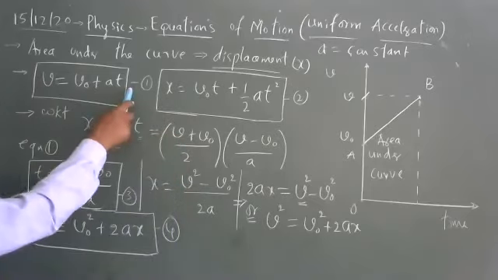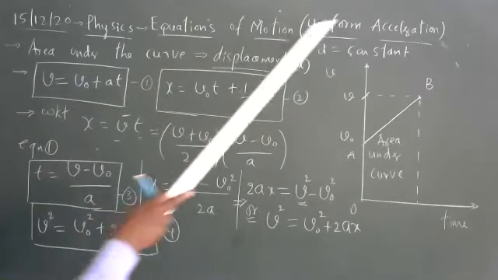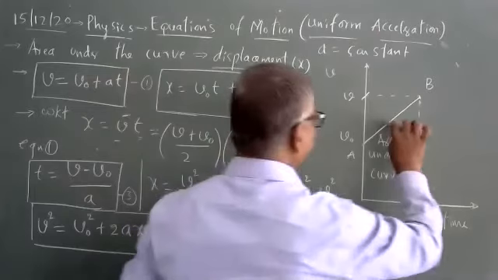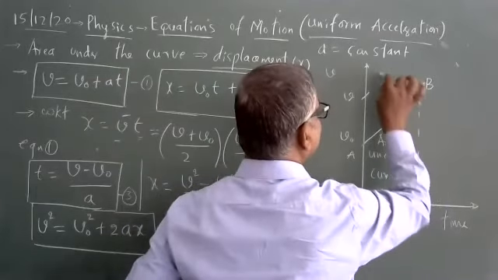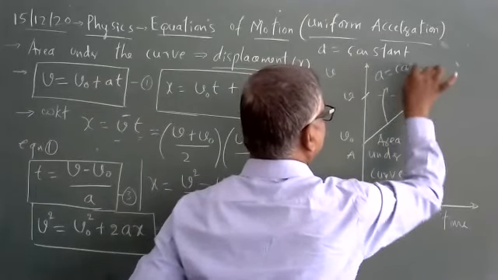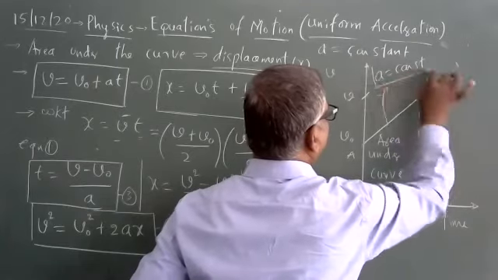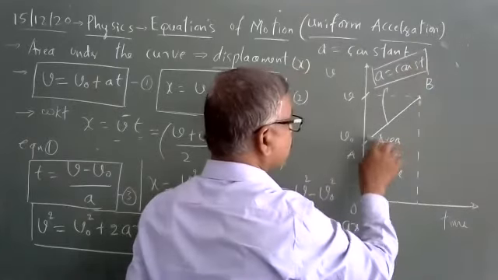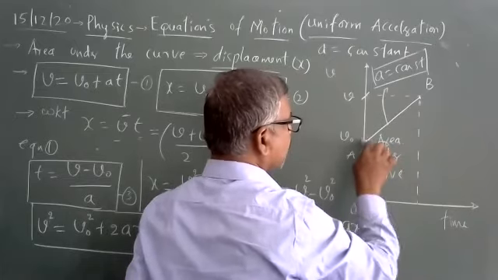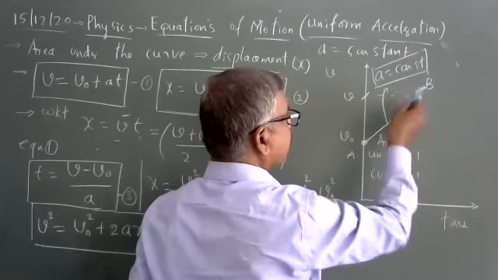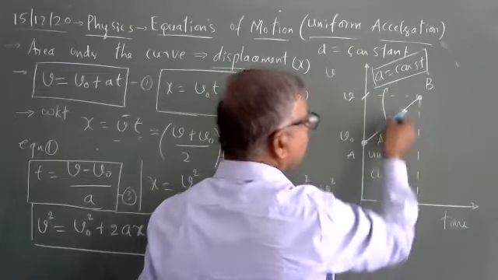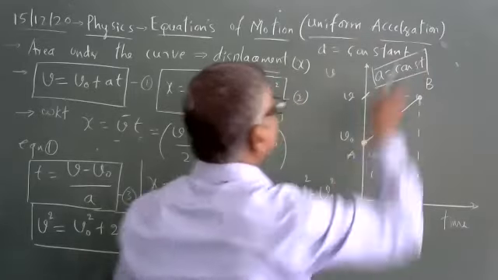These are equations of motion for uniform acceleration. Here, acceleration is a constant. Velocity is changing, from initial velocity to final velocity, but the slope of this curve remains constant, hence it's called uniform acceleration.